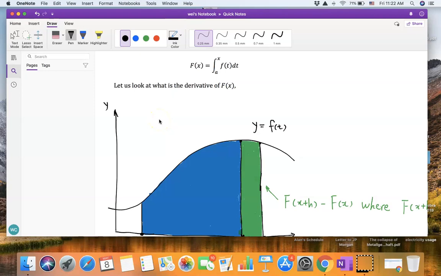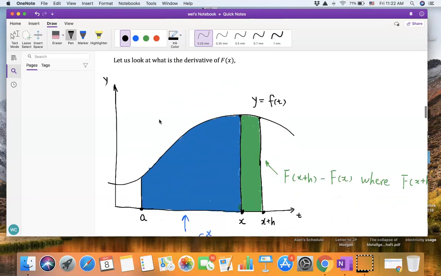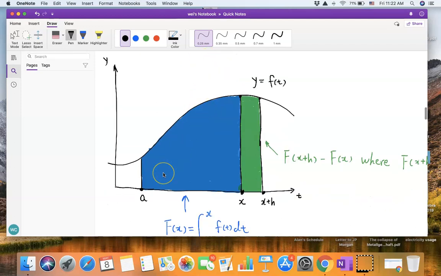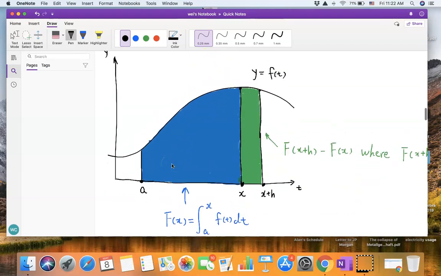According to what we saw in the previous video about the definition of accumulation function, now we can see this function F(x) is equal to the area of this region, the region bounded by this curve y equals f(t), bounded by the horizontal axis, and bounded by the number a and this variable x, which is this blue region.